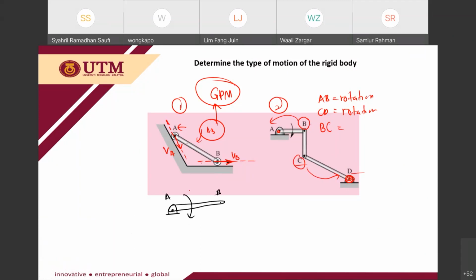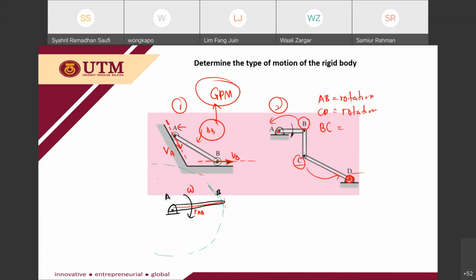So from this omega, I can determine the linear velocity. So I have here my R, AB. Since AB is rotating, this is my path of motion. Okay, the path of motion is something like that, in a circular path.